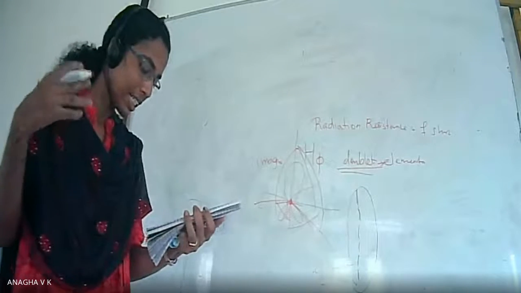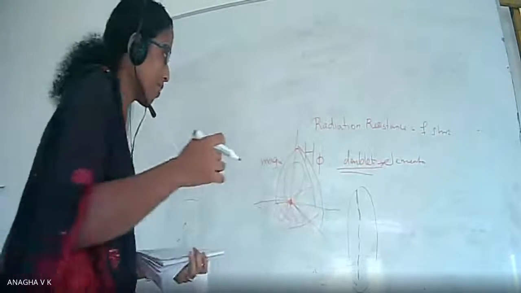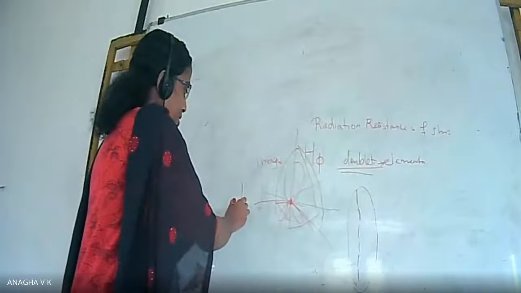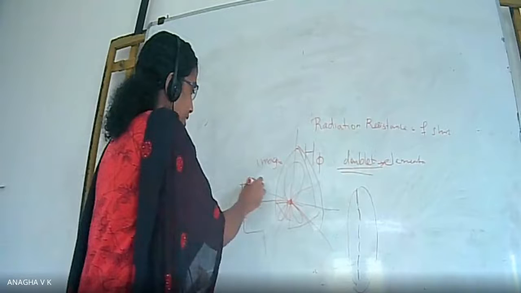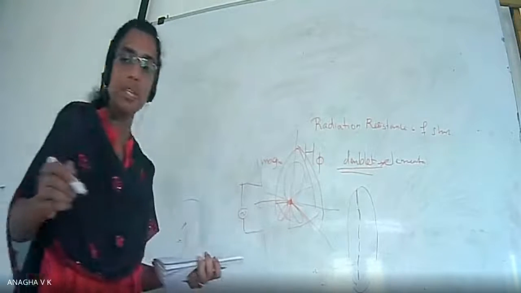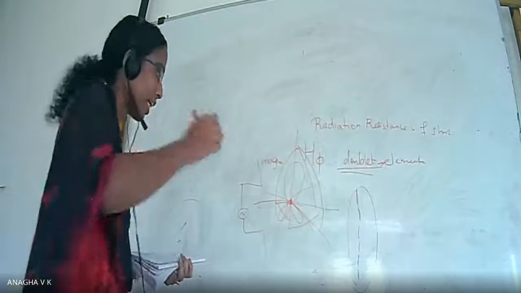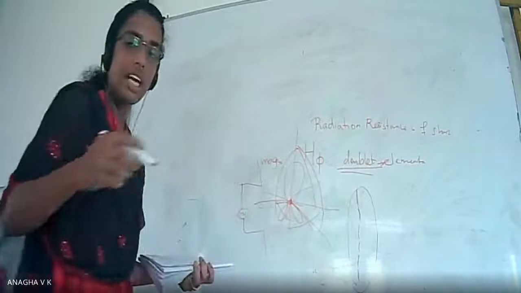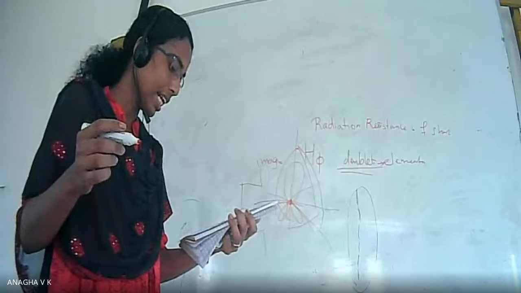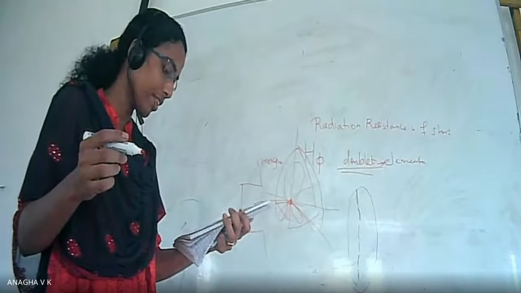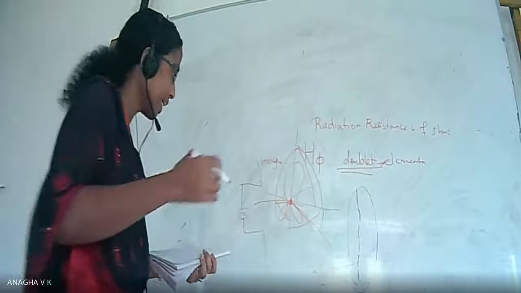The practical elementary dipole is a center fed antenna. I have told you, center fed. The input is given at the center, okay, the AC signal is given at the center. The center fed antenna having a length that is very short in wavelength is the practical elementary dipole.